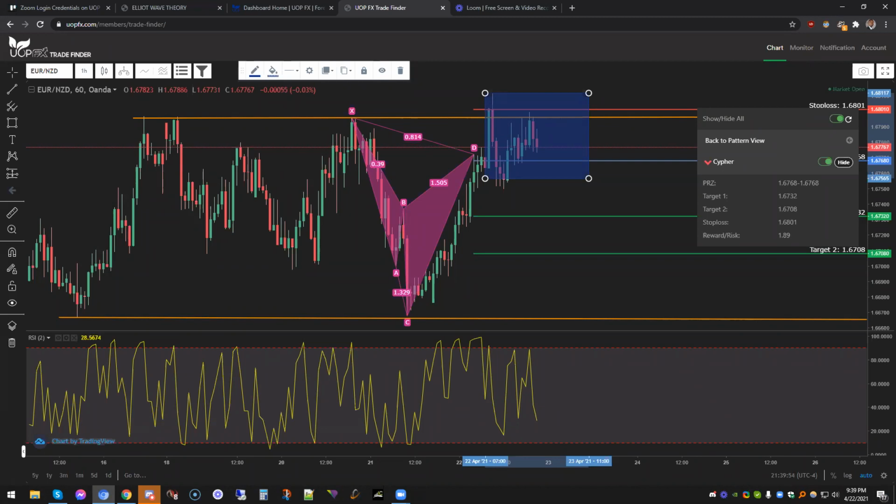Mario says, how do you know what signal to take? It repaints. On the Trade Finder, as far as I know, the Trade Finder signals do not repaint. If I'm wrong, please correct me.